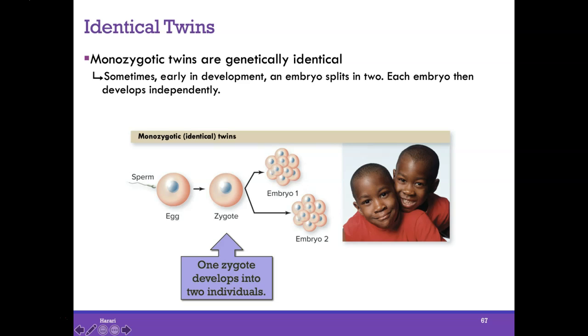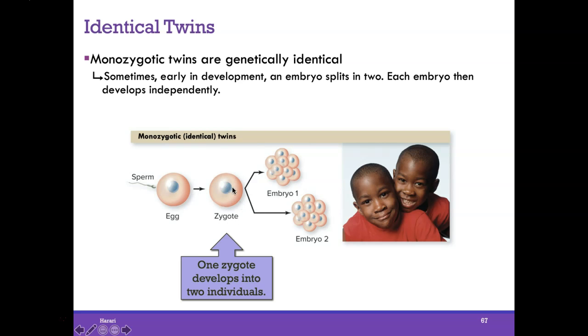So it is possible to have two individuals that are genetically identical. And we see that in identical twins. We call identical twins monozygotic twins. Monozygotic twins. And that's because they come from one zygote. So one sperm cell fertilized one egg cell and formed one zygote.